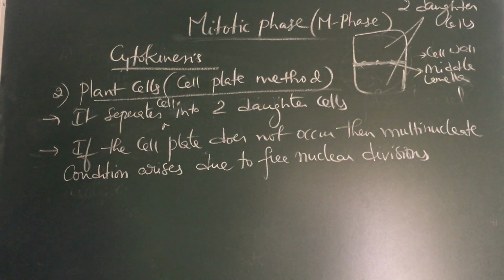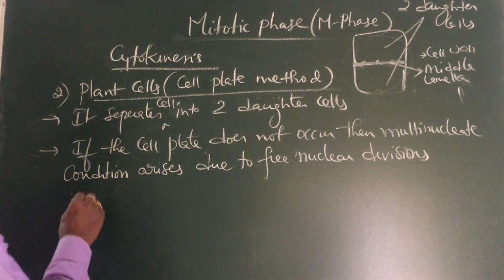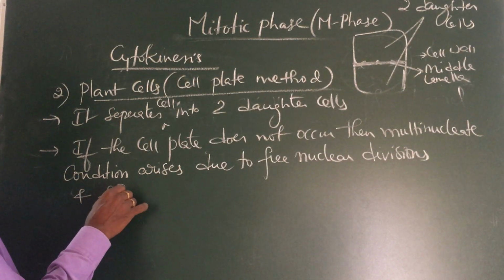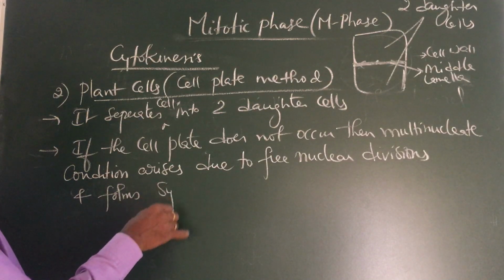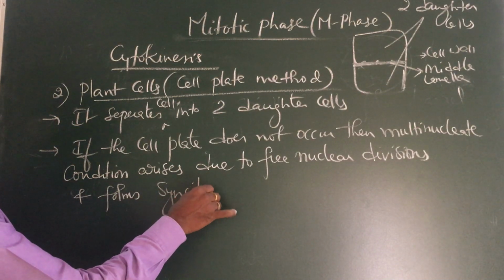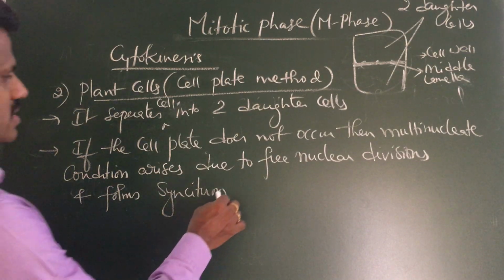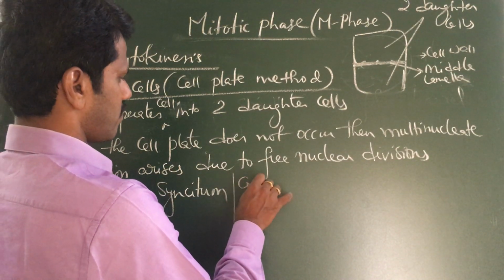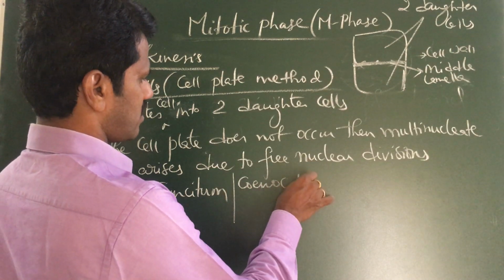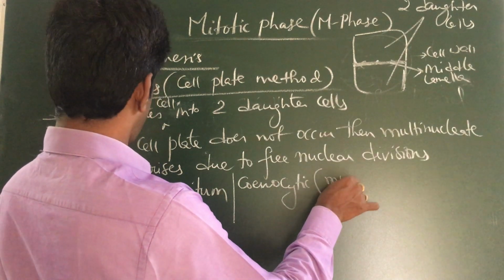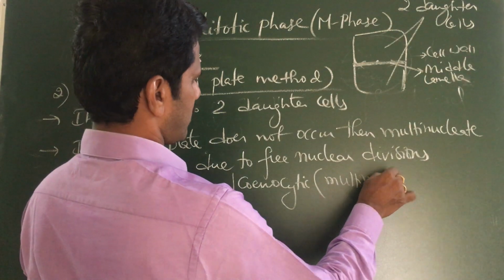Okay, right, and it forms a syncytium. This is called syncytium, multinucleate condition, or coenocytic, which is nothing but multinucleate.